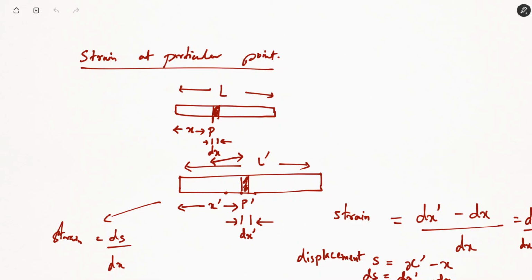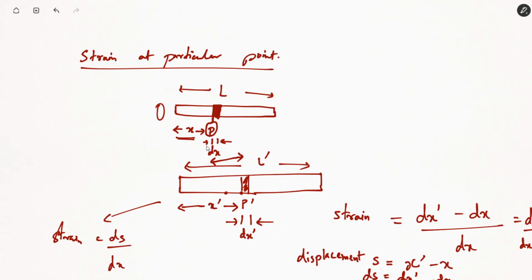So in such a case, we take the same element of length L. We assume there is a point P at a distance of x from the zero point. In the neighborhood of this point P, we take an infinitely small length dx. So this is our original rod.